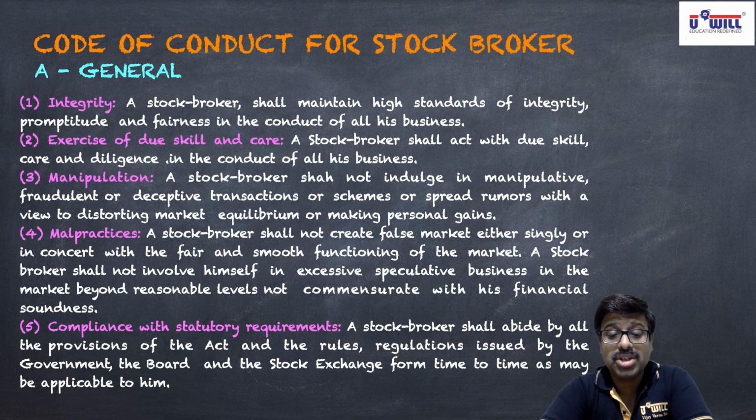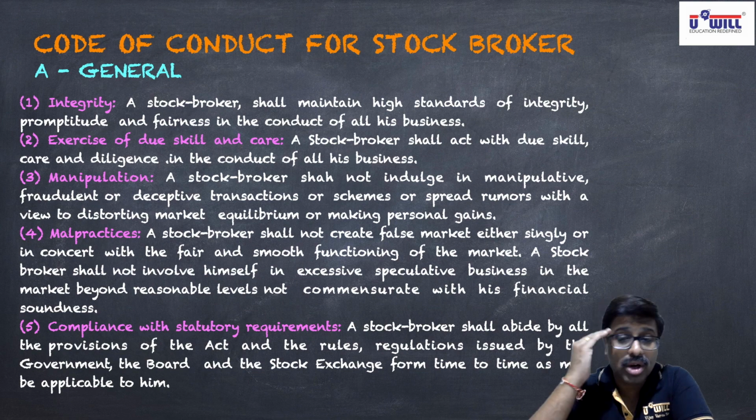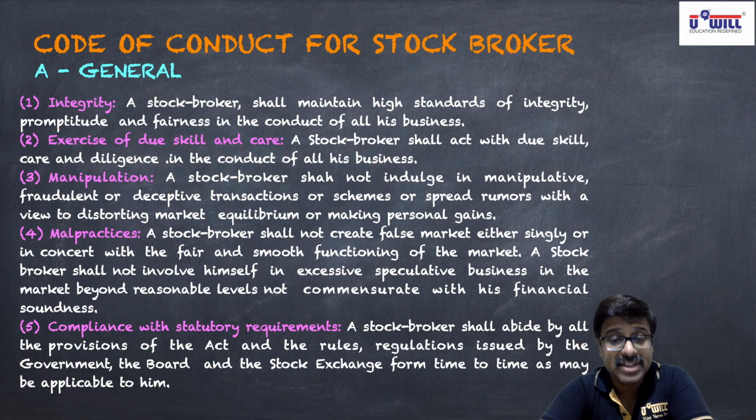A stockbroker shall maintain high standards of integrity, promptitude, and fairness in the conduct of all his business. Second, exercise of due skill and care means he will exercise his knowledge perfectly for the benefit of his investors. A stockbroker shall act with due skill, care, and diligence in the conduct of all his business.